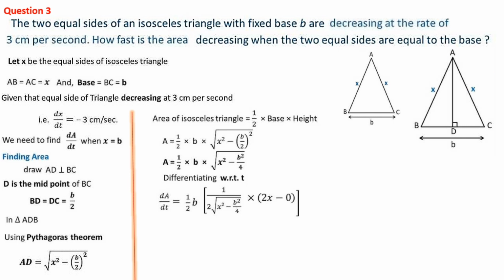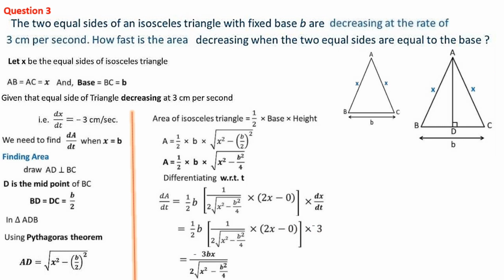So derivative of x square is 2x, minus b square by 4 derivative is 0, into, since we are differentiating with respect to t, we have to multiply dx by dt. Then 1 by 2b into 1 divided by 2 root of x square minus b square by 4 into 2x minus 0 into dx by dt, we have minus 3 cm per second. So minus 3 we have multiplied.